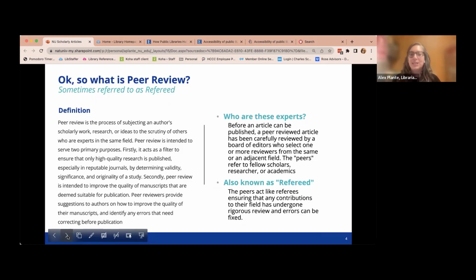Peer review is intended to serve two main purposes. There's a couple of purposes that peer review serves, but there are two major ones that are important for our discussion today.